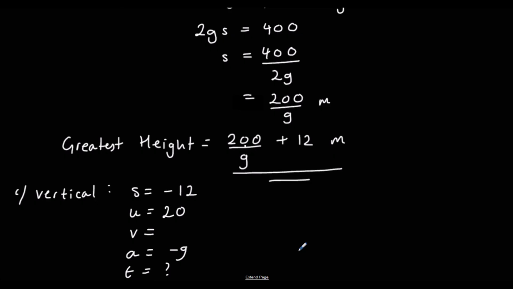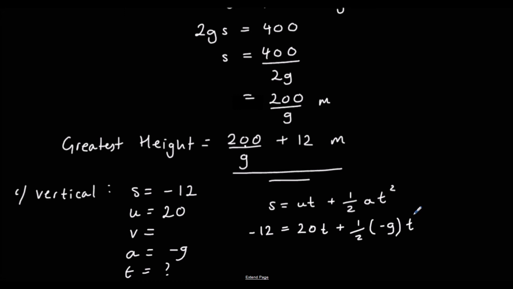So we can use s equals ut plus half at squared. So we're going to have what looks like a quadratic here. So s is negative 12. That equals ut, so 20t plus half times negative g t squared.